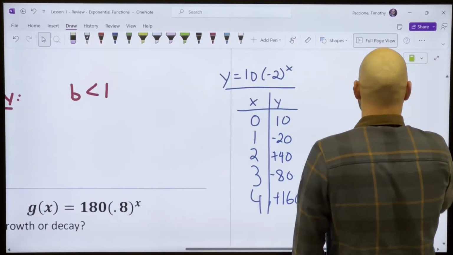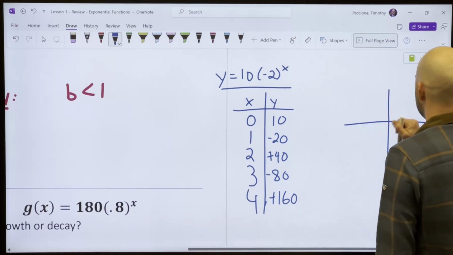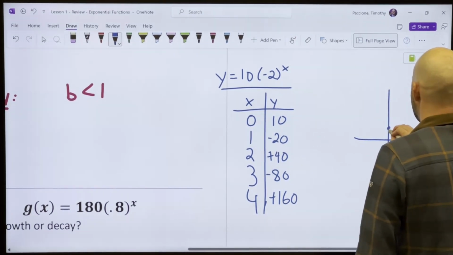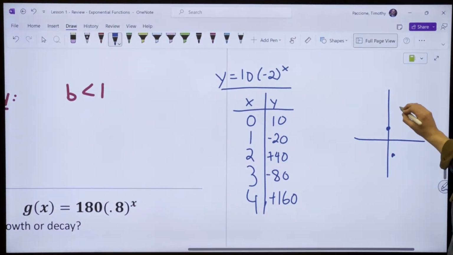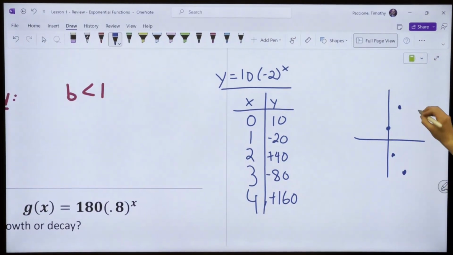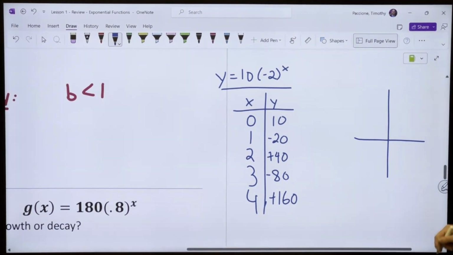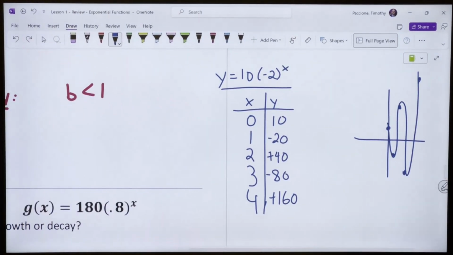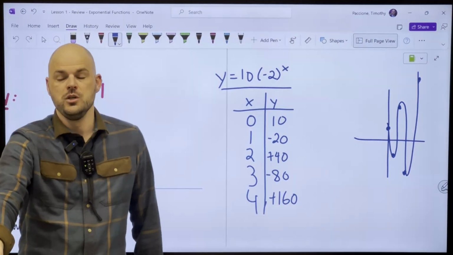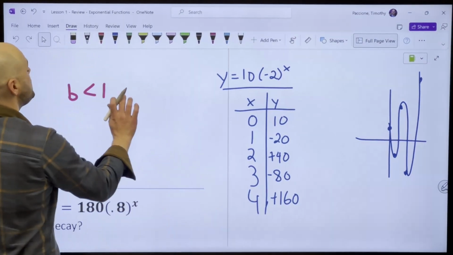Let's see. It'll be like, here, hold on. That, then down here, then up here, then down here, then down there, and it'll be like this. Oh, come on. So is that exponential growth or decay? No. So what's our rule here?